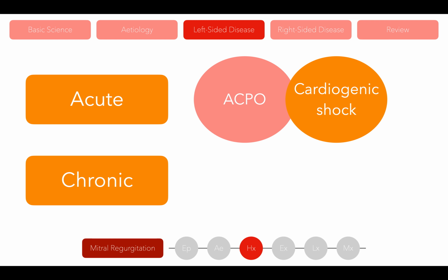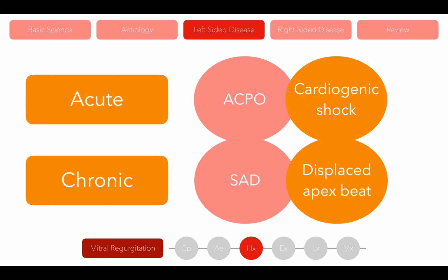So think about how you use your exam findings to differentiate between hypovolemic, cardiogenic, neurogenic, and septic or distributive shock. Chronically, the patient presents as SAD: syncope, angina, and dyspnea, and they'll have a displaced apex beat because of overfill.